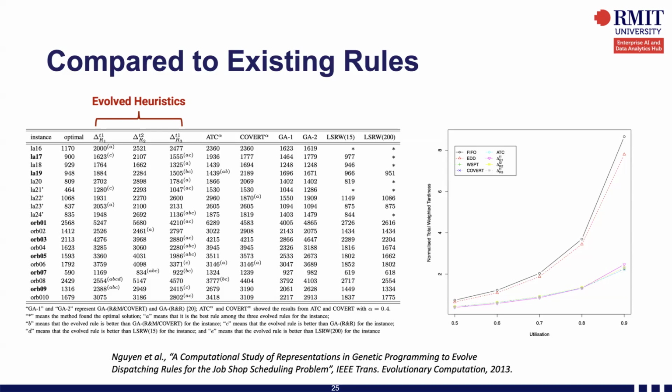We compare that with some metaheuristics as well, and we see that with a very straightforward way to construct heuristics, just creating the priority rules to assign priority to each job, we're able to already achieve very good performance. So that's very encouraging.